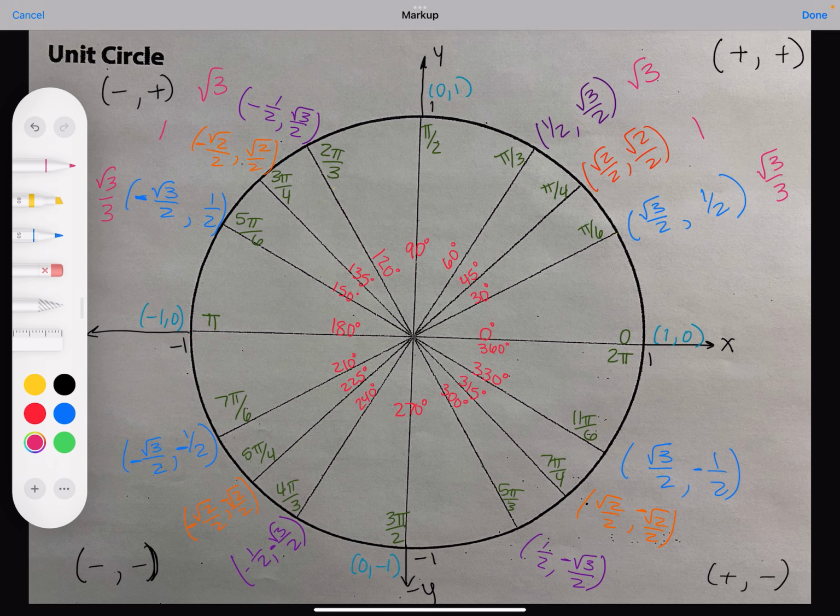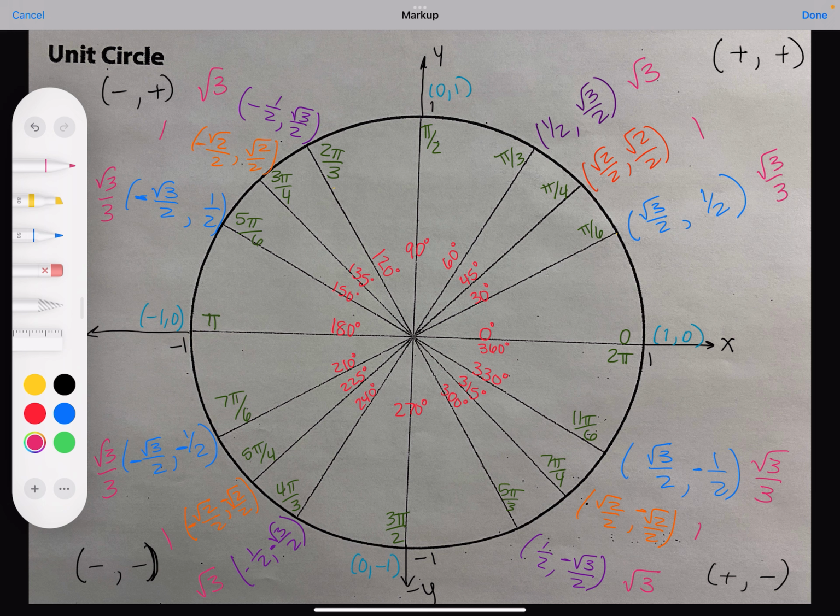Down here at the pi over 6, it's still root 3 over 3. Pi over 4s are always 1. Pi over 3s are always root 3.